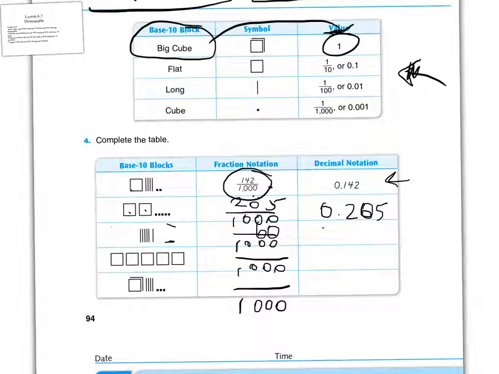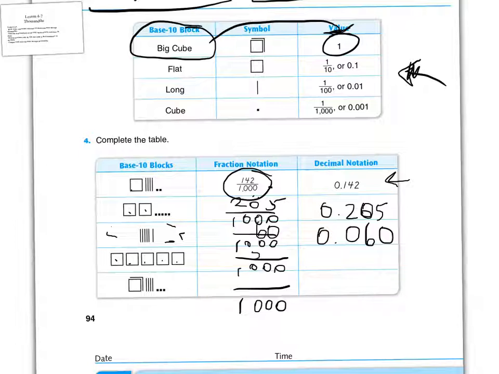So we actually have 0.060 because there aren't any flats in here and there's no cubes in here. So 0.060, which is equal to 60 thousandths, or if you want to look at it a different way, you could just say 6/100ths.